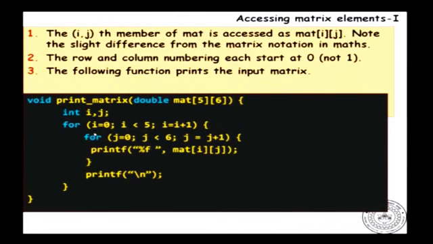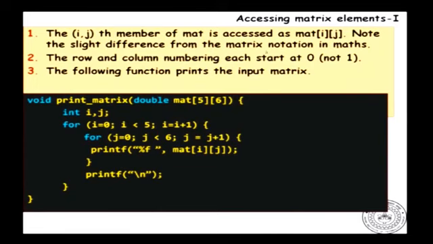Now, for each row, what do we have to do? We have to take the elements in the column. Now, the columns are numbered 0 through 5. So, for each ith row, we have to take column 0, column 1, column 2, column 3, column 4 and column 5. So, all these entries, and then you have to print that entry.